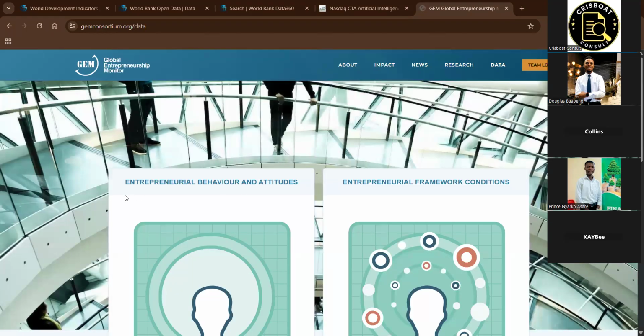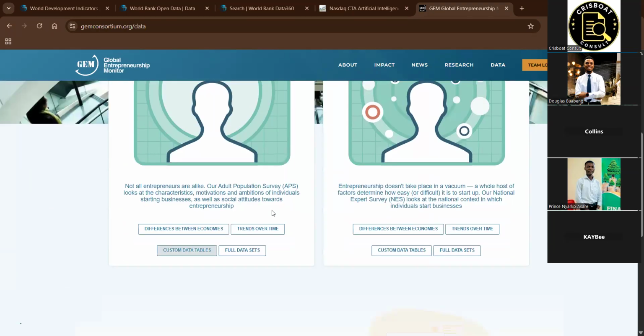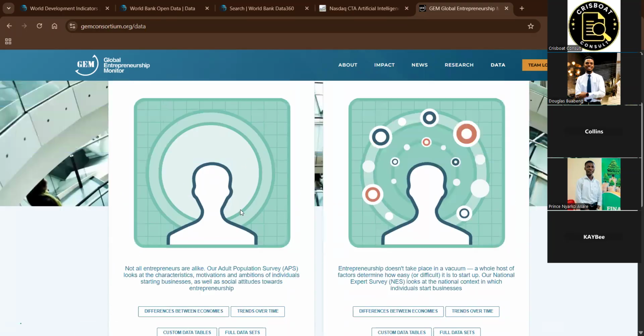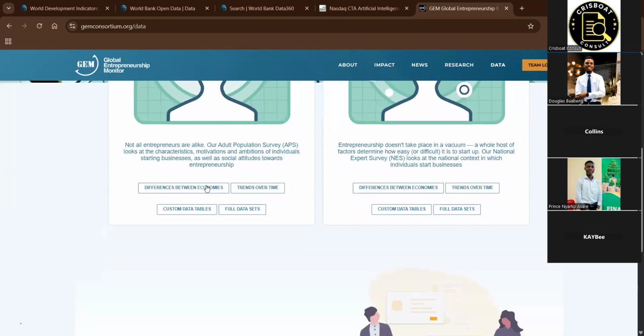Okay, so we have the entrepreneur behavior and attitudes and the entrepreneur framework conditions. So you can use any of it that you think best suits what you want to write. So maybe I want to access full data sets.